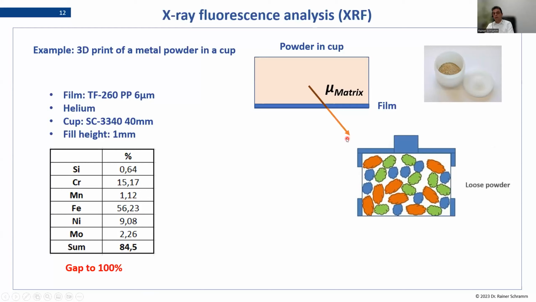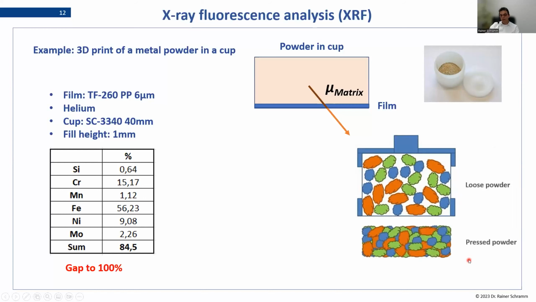So we lose radiation by scattering. That means not all radiation coming in is used to make fluorescence, and not all fluorescence can reach the detector. And this results in this gap, that we analyze only something between 80 and 90%.